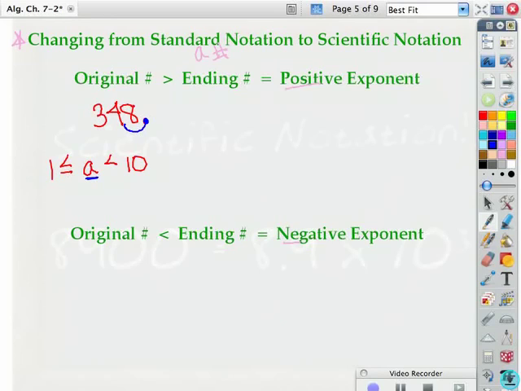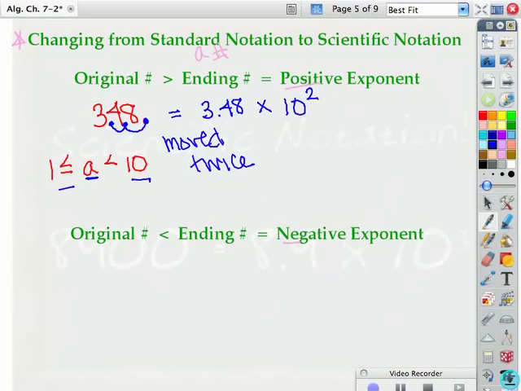So if we move our decimal point over here and then over one more time, we end up with 3.48. Okay, so we moved over twice. 3.48 is between 1 and 10. Now, because we went from a larger number to a smaller, so 348 is bigger than 3.48, that means you will use a positive exponent on the 10. Now, the exponent will match with however many times you moved over. We moved twice, which then means that this exponent would become 2.